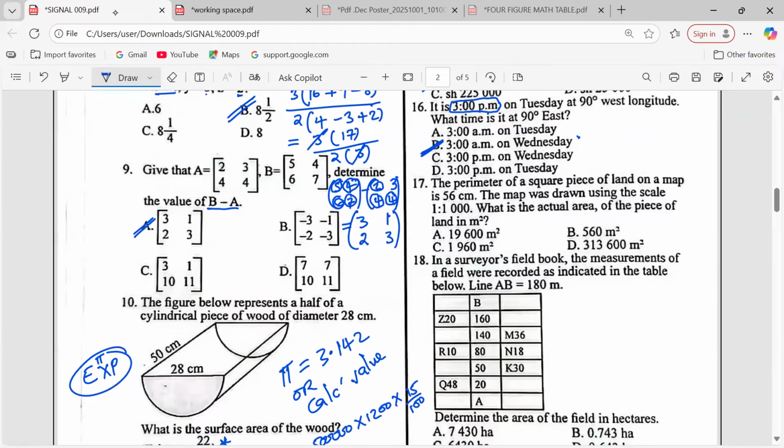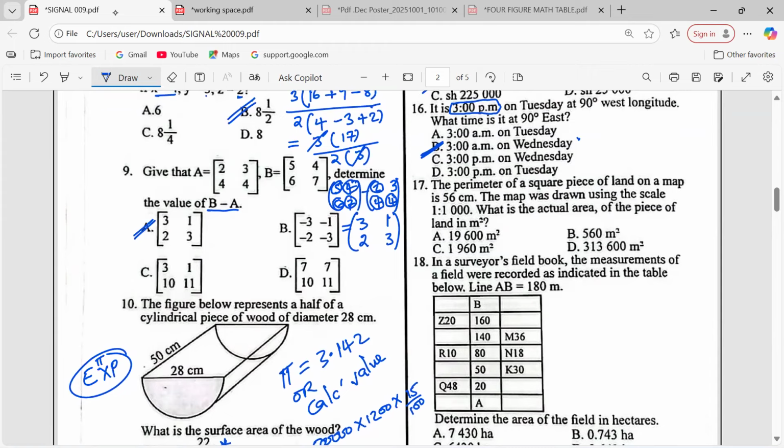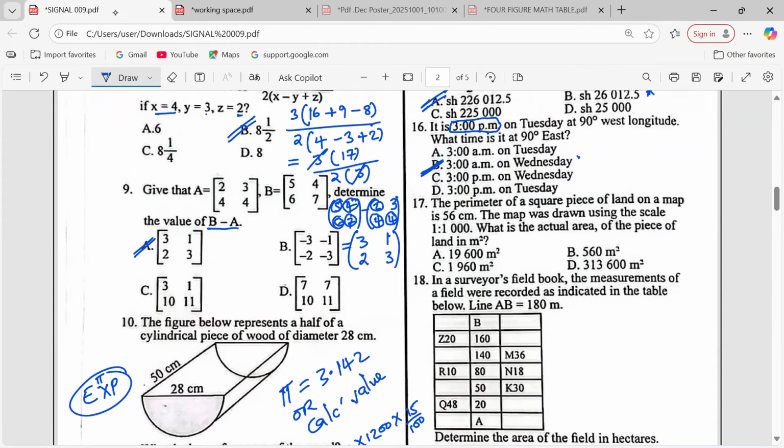Okay, so we are told that the perimeter of a piece of land on map is 56. That means we can get the length of this particular piece of land, which has been represented on map. Therefore, we'll say side multiplied by 4 times should give us 56. So we can get the length of the side here.